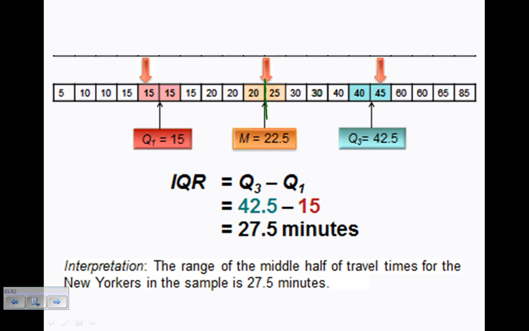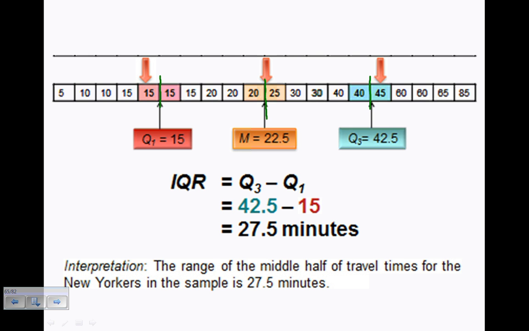Then over to the left-hand side, after you've split that up, again you had 2, so you take the average, and I got 15 for my quartile 1. On the right-hand side, you have an even amount, so you have to take the average again, and I got 42.5. So my interquartile range would be quartile 3 minus quartile 1, which is 27.5.